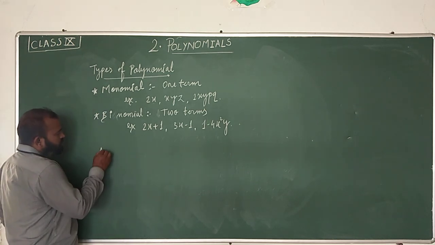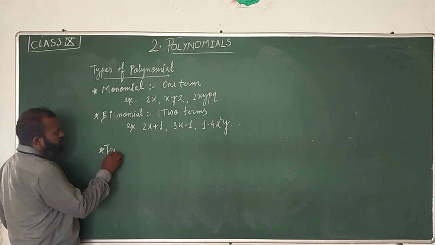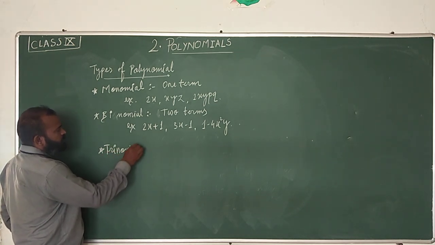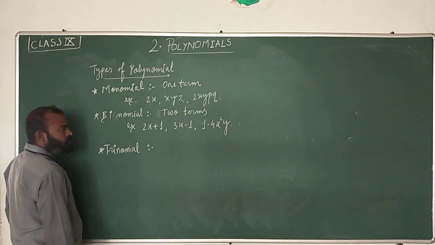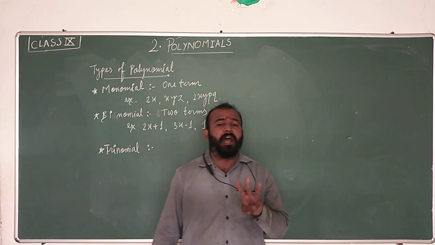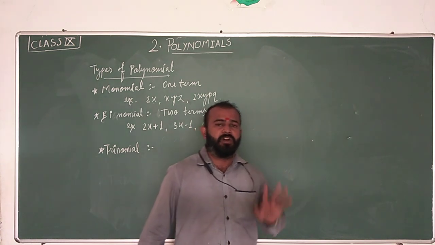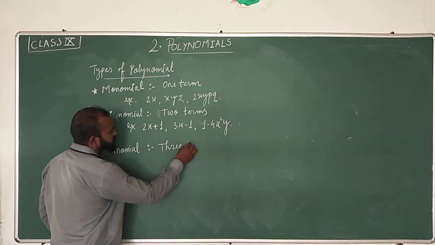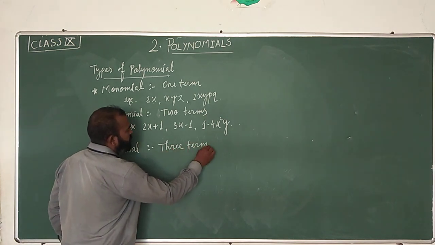Now, the third one is trinomial. What are trinomials? So, the polynomial having three terms is called a trinomial. Having how many terms? Three terms.